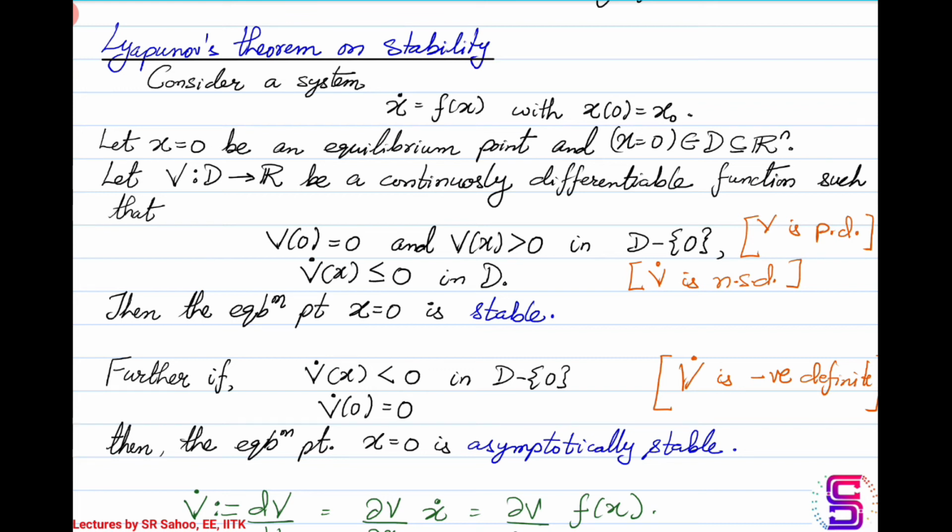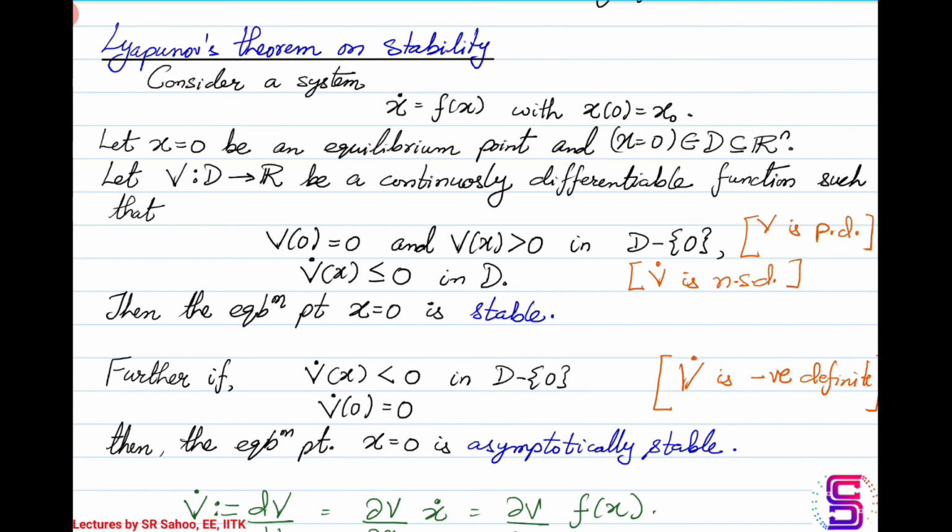Consider an autonomous system with initial condition x0. Let the origin be the equilibrium point, and the domain of operation is D, which is a subset of Rn. Consider a continuously differentiable function V mapping from the domain D to the reals R. The condition on this function is that V is 0 when x is 0, and V of x is greater than 0 when x is not 0.